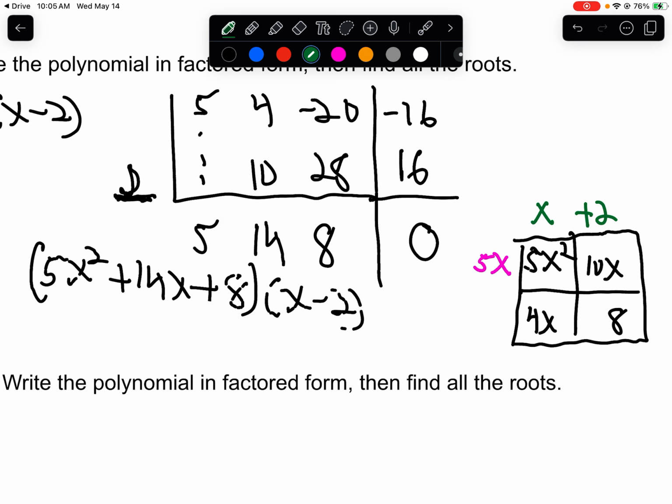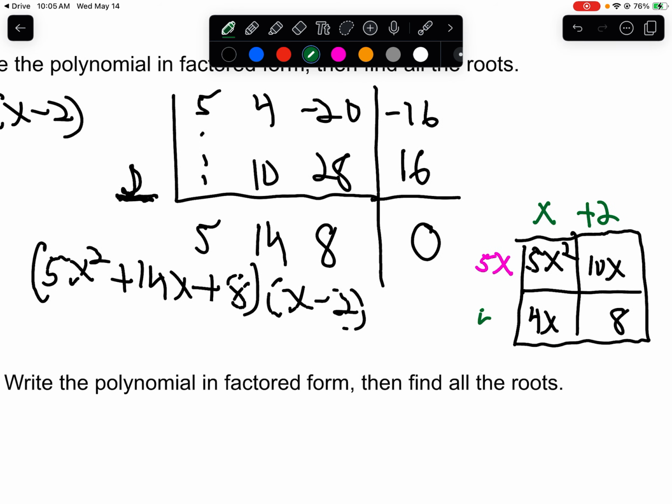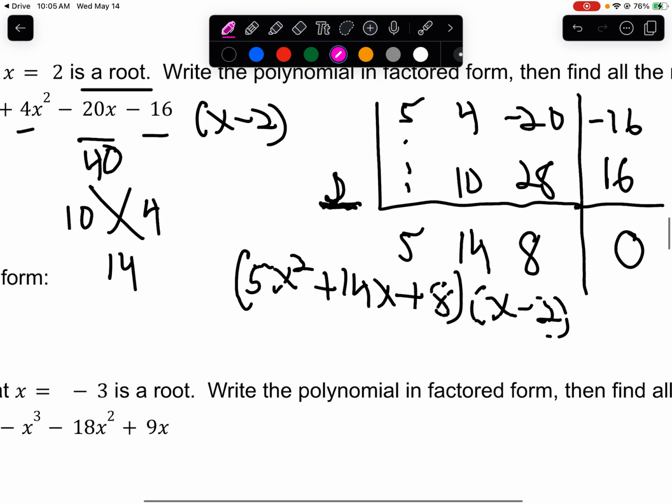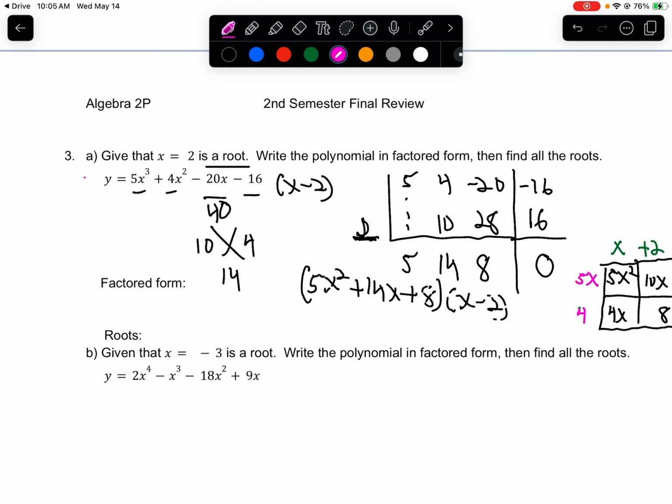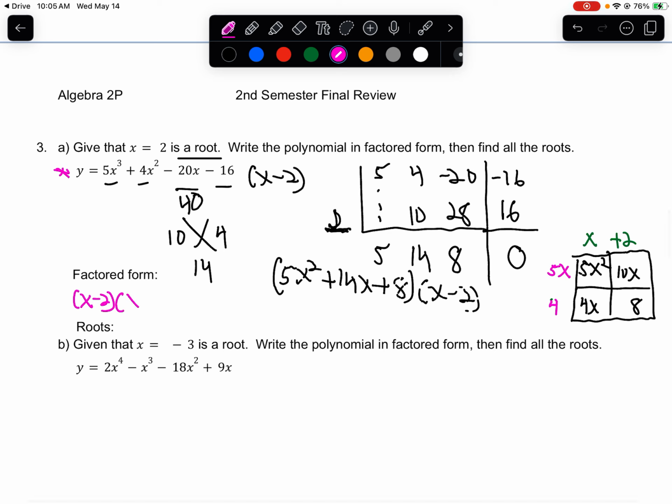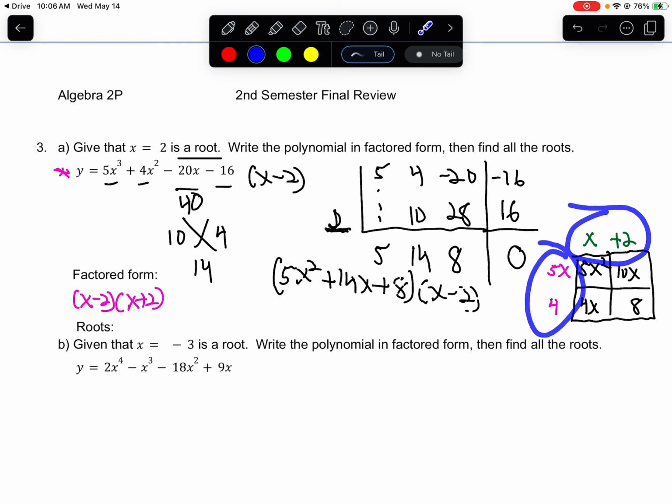And then to figure this piece out, down here, you have to ask yourself, x times what gives me 4x? And I hope you'll say positive 4. So we just factored that ugly thing. We know that it's going to be in factor form, x minus 2. Then it will have x plus 2, that came from here, and 5x plus 4.